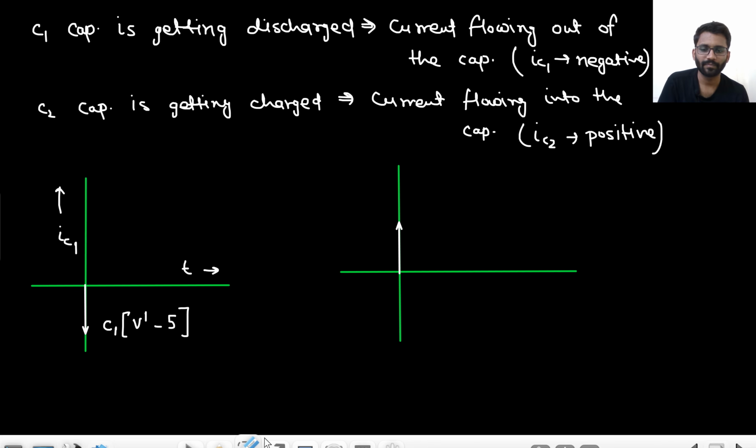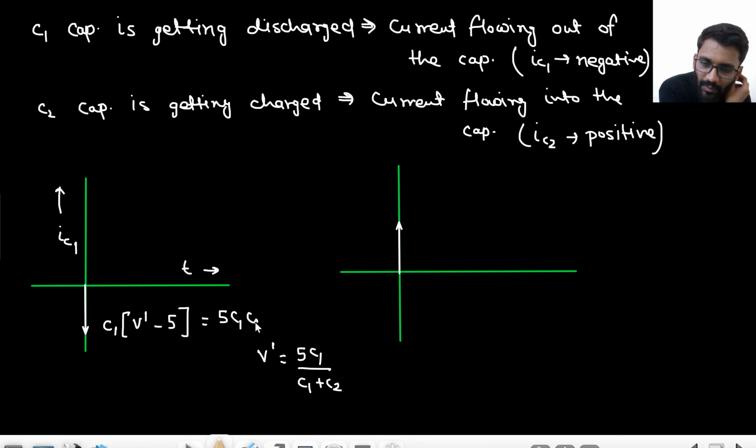Here, what is V dash? 5 C1 upon C1 plus C2. After solving this you will get 5 C1 C2 upon C1 plus C2.